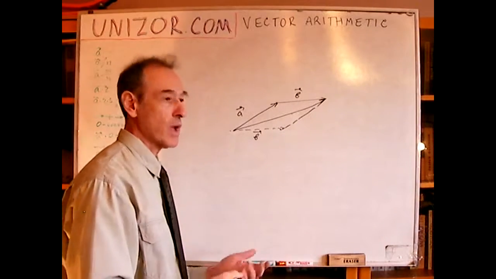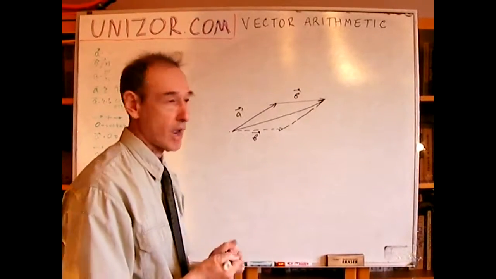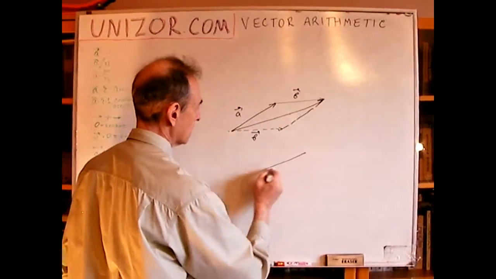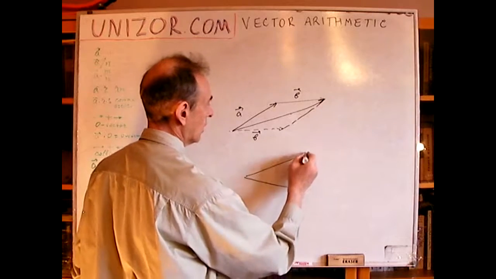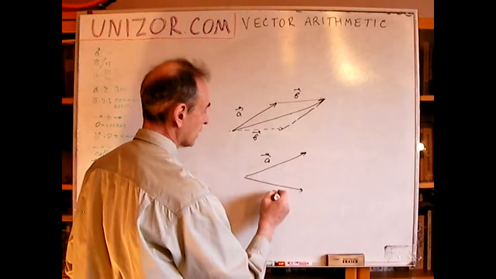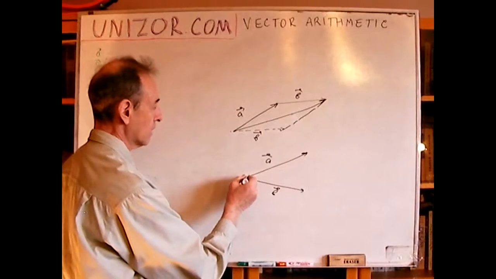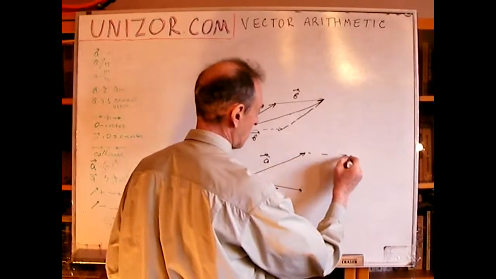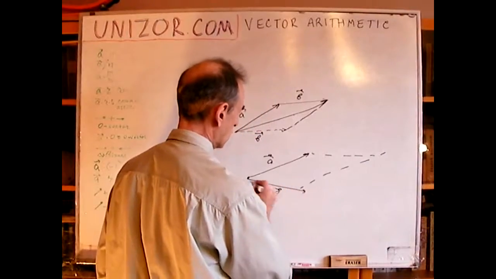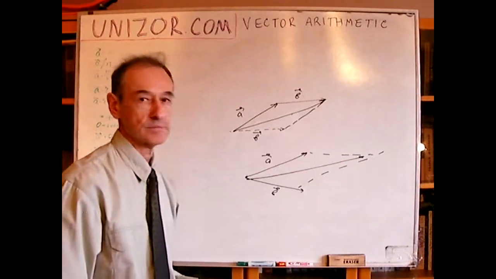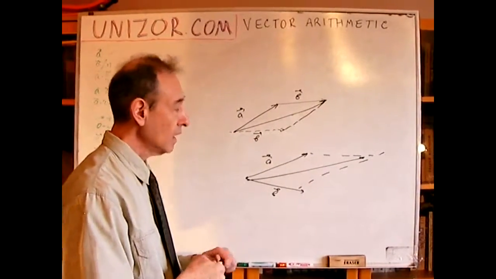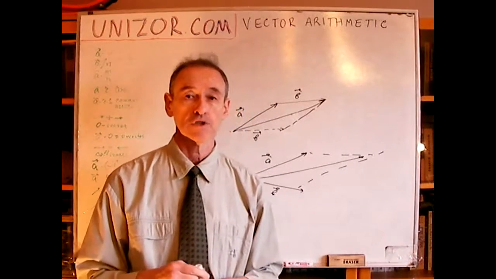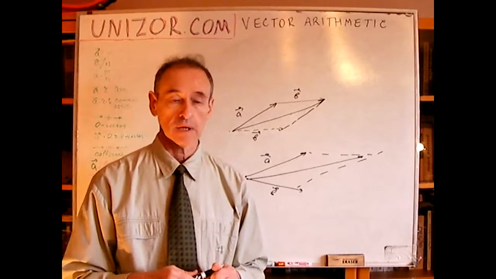So another way to present exactly the same thing is not to move B to the end of A, but instead build a parallelogram on these two which originate at the same point. So you build the parallelogram and take its diagonal from the same point. This is the rule of parallelogram, which in physics is very much used in many different places.